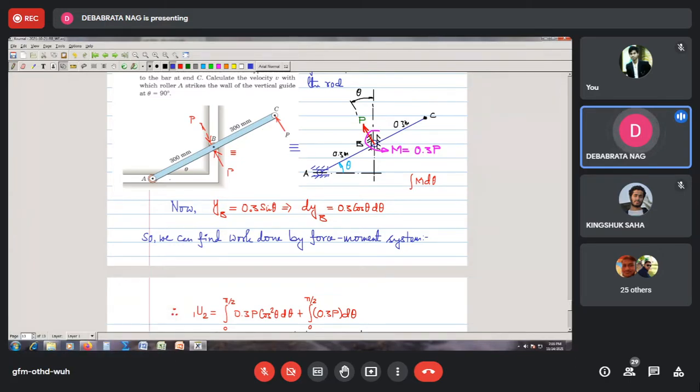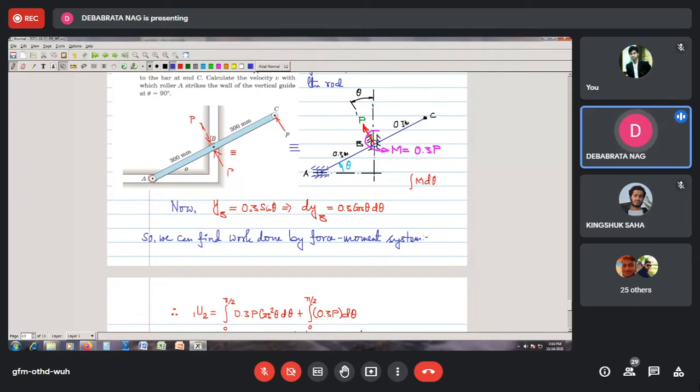Alternatively, one could shift the force to point A instead of point B. In fact I would ask you to try this problem at home by shifting the force from point C to point A, together with a couple.